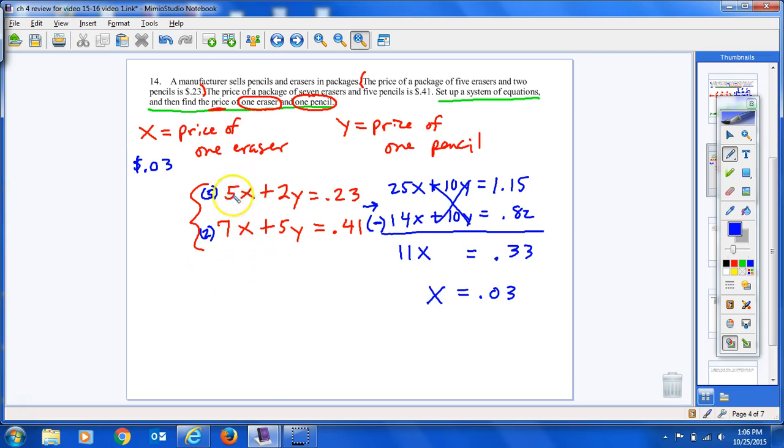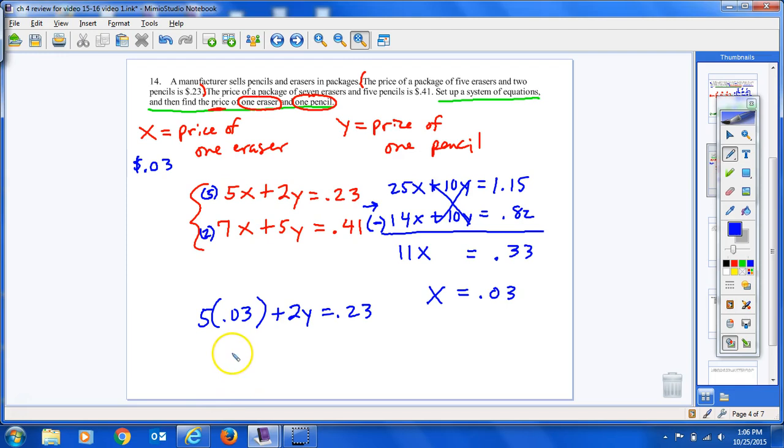And now we can use either one of these equations to solve for Y. I'm just going to go with the top one. 5 times 0.03 plus 2y is 0.23. So 5 times 0.03, and you can use a calculator for this if you like.